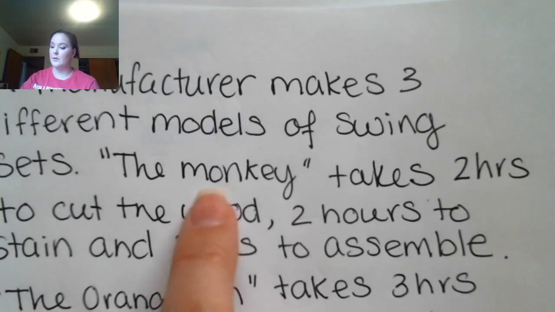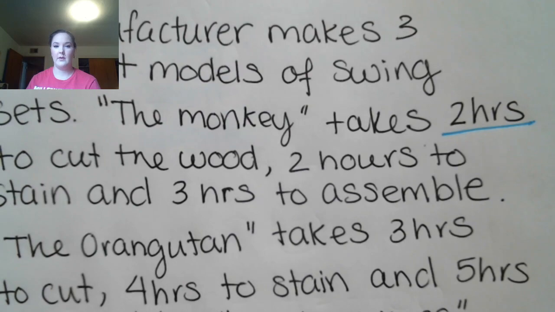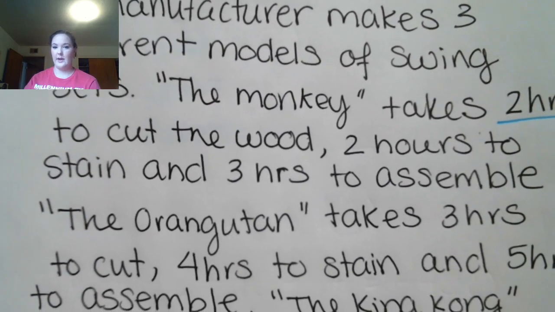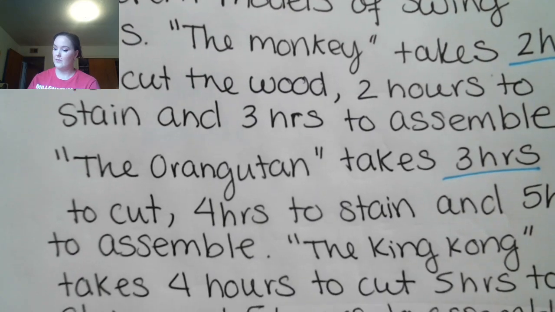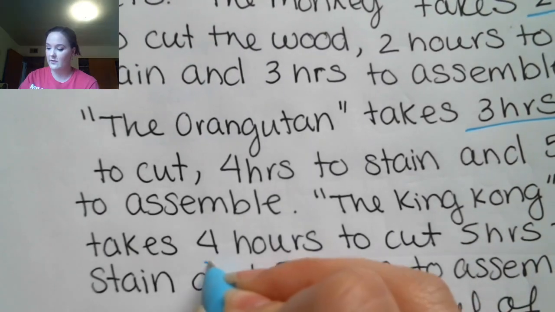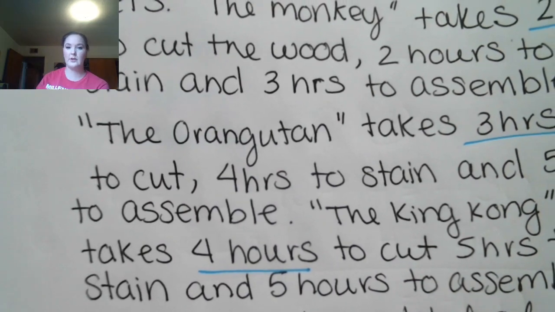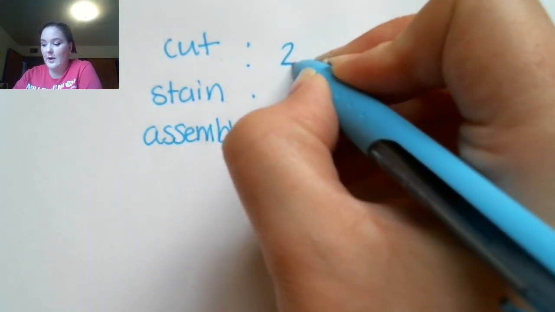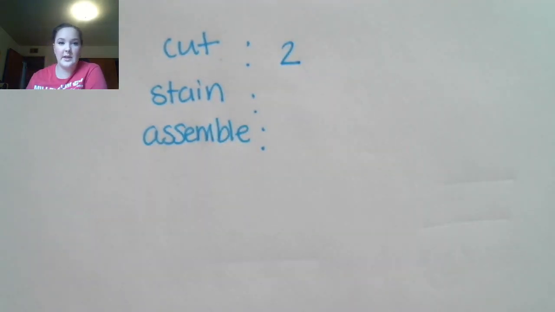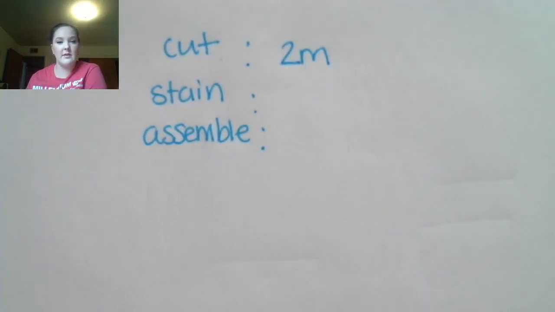The monkey is going to be 2 hours to cut. The orangutan takes 3 hours to cut, and the King Kong takes 4 hours to cut. So I'm ignoring all the other times and I'm only looking at the times to cut. That's going to tell me that I have 2 hours per swing set times the number of monkey swing sets.